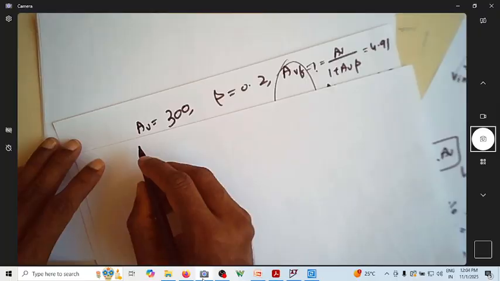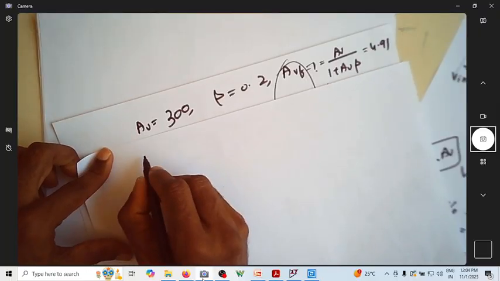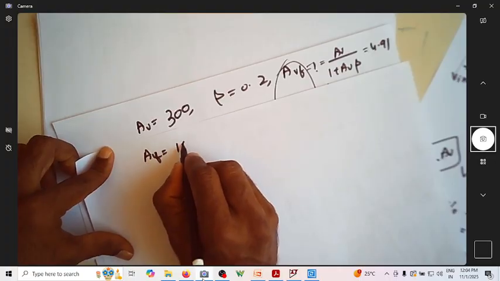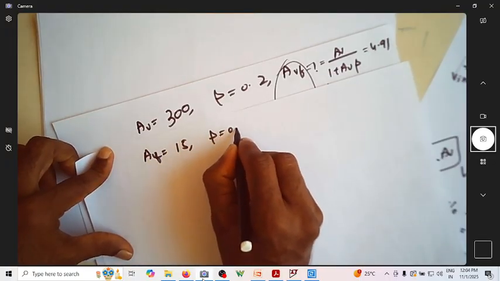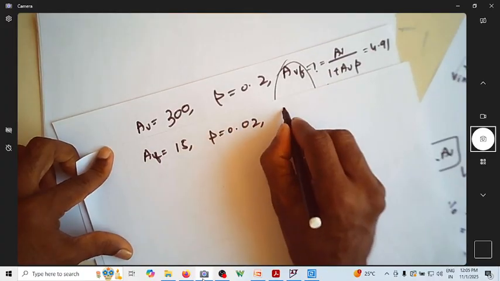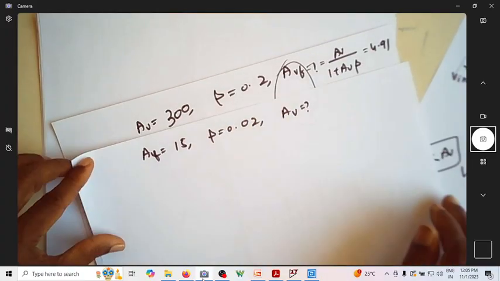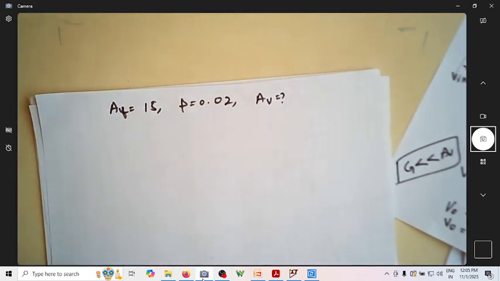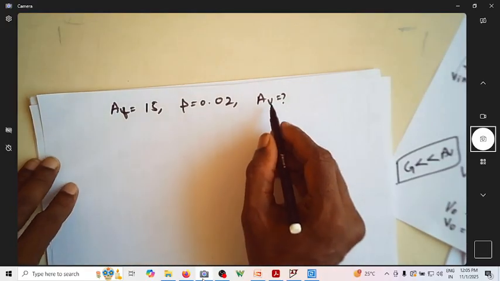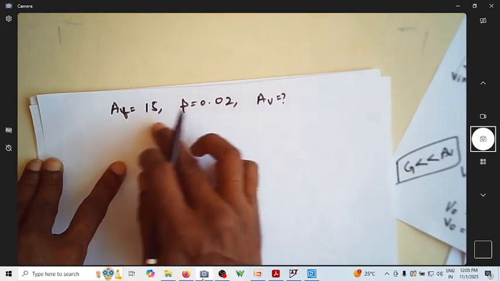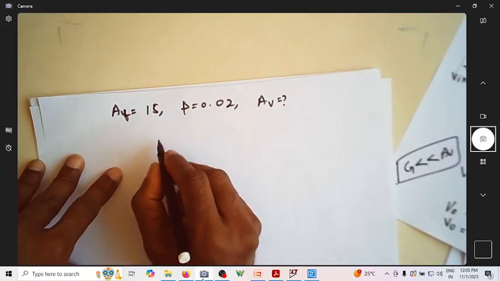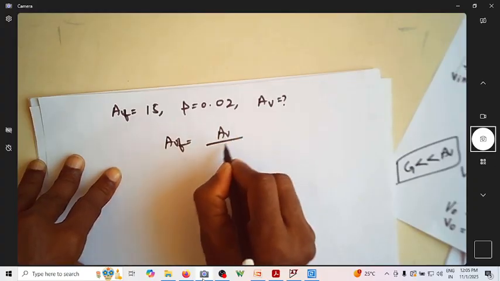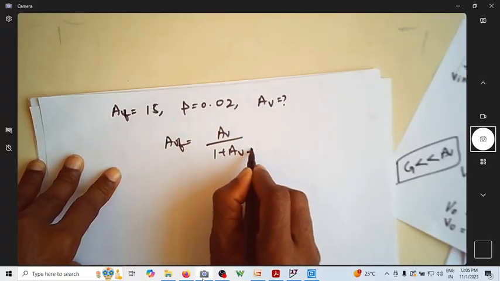Assume that AVF is around 15 and beta is equal to 0.02. Can we find what AV is required? We can do this also. Now we can get an expression for AV in terms of beta and AVF. We have AVF is equal to AV by 1 plus AV beta.